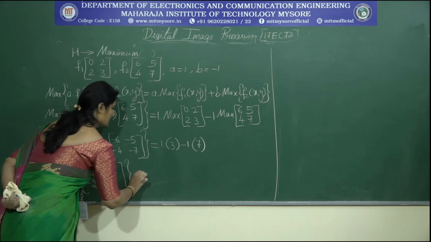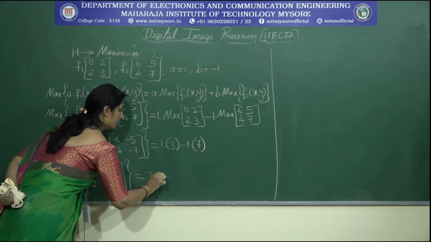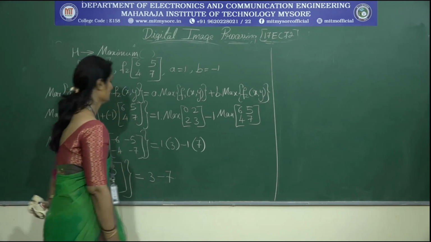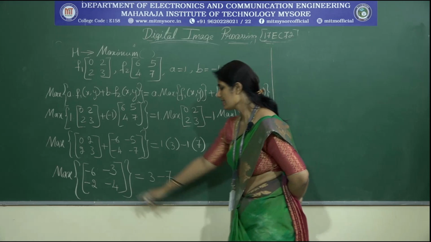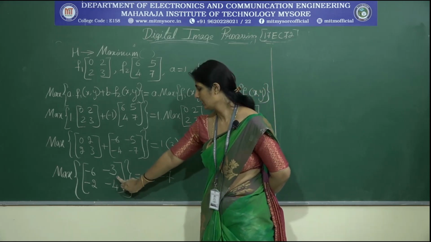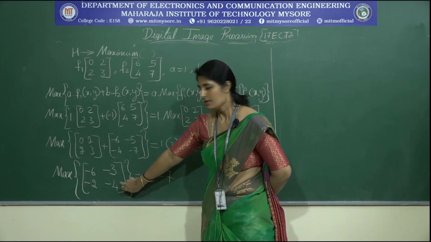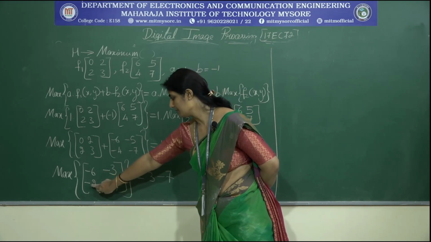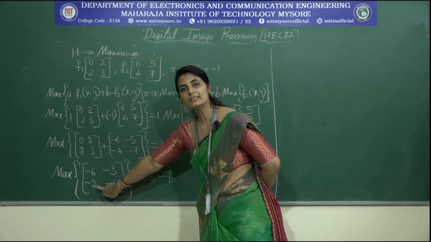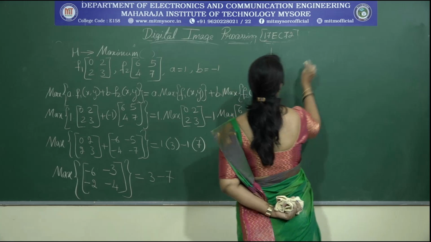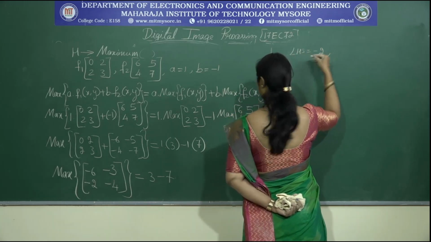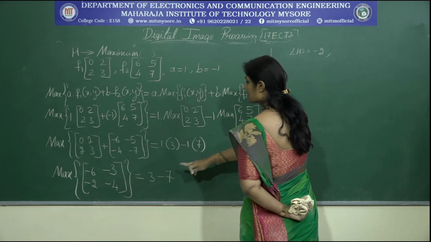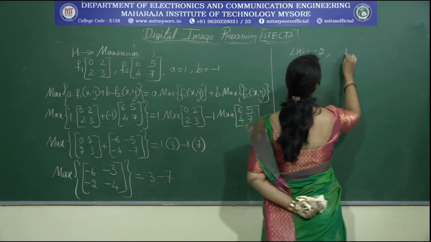Right. So this is equal to 3 minus 7. Further simplifying, which is the maximum value in this particular matrix? Since all are negative numbers, the maximum value is -2. Therefore LHS is equal to -2 and RHS, 3 minus 7, is -4.